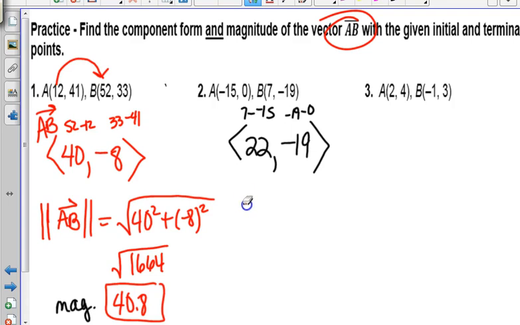So then if we do the magnitude, 22 squared, oh my goodness, I don't know where that 0 came from. Anybody get 29.1?